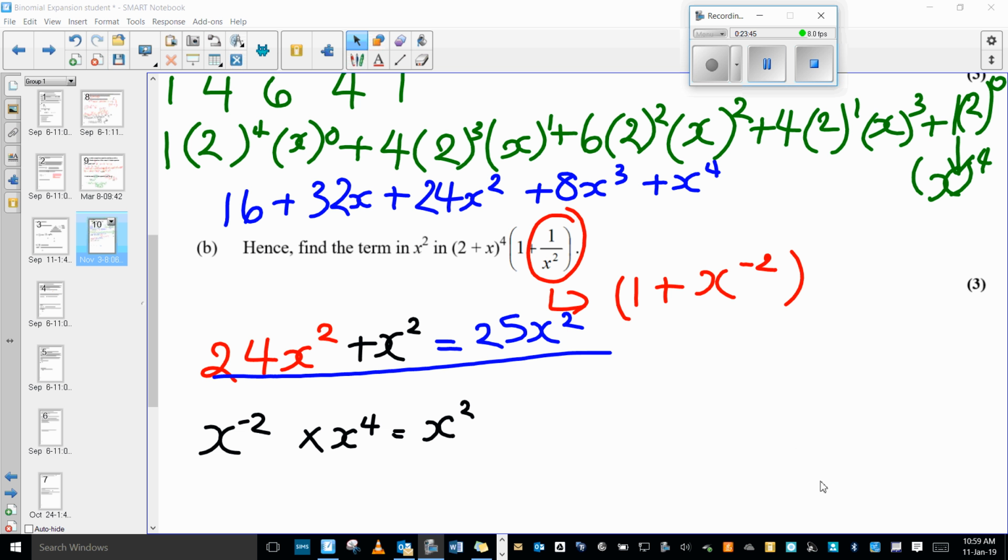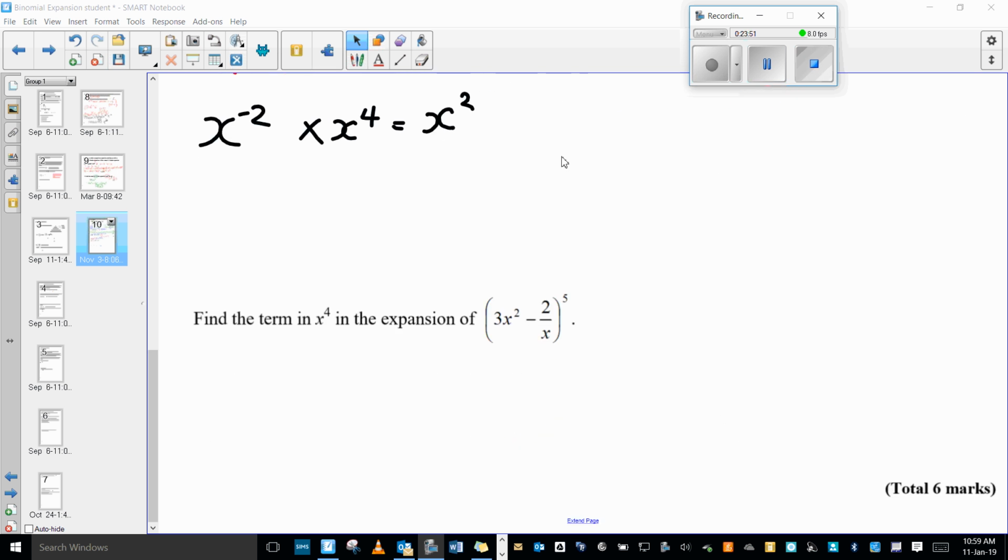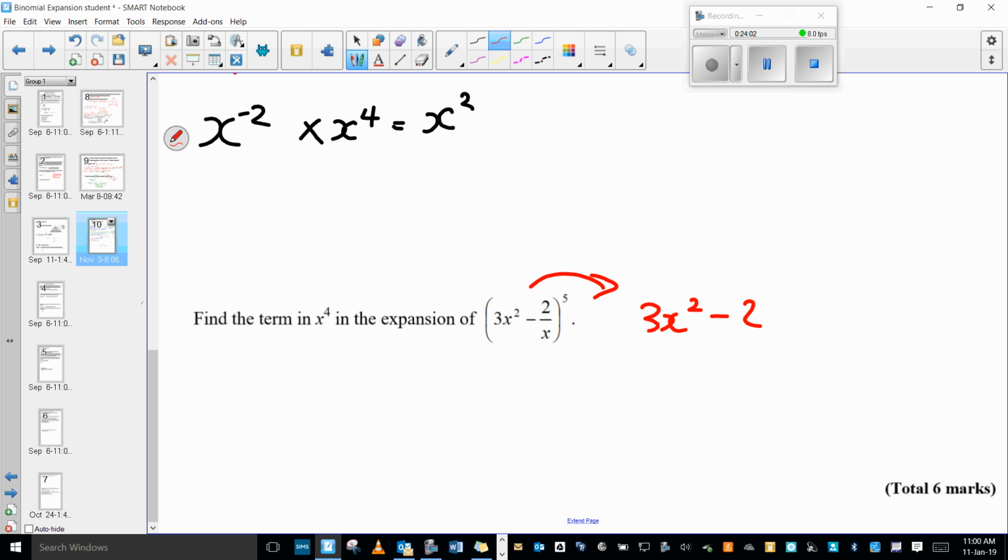The next one, did you say? Yeah, sure. Alright, okay. This is not any different. So we're going to first of all rewrite this. So this is 3x squared minus 2x to the negative 1, all to the power 5. That's our first step.